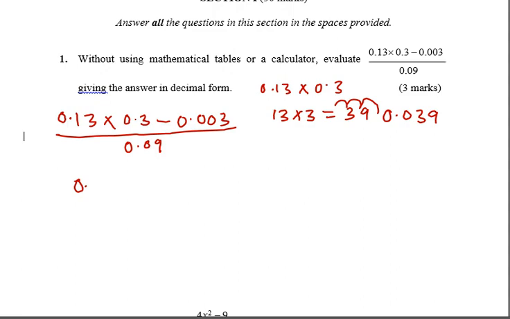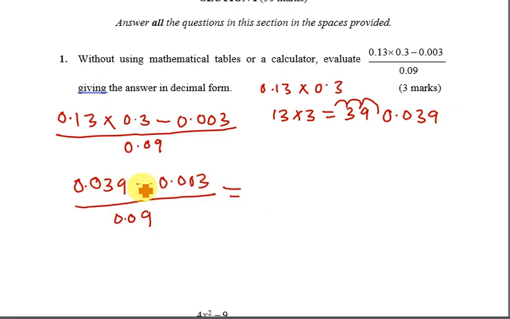So we have 0.039 minus 0.003 divided by 0.09.